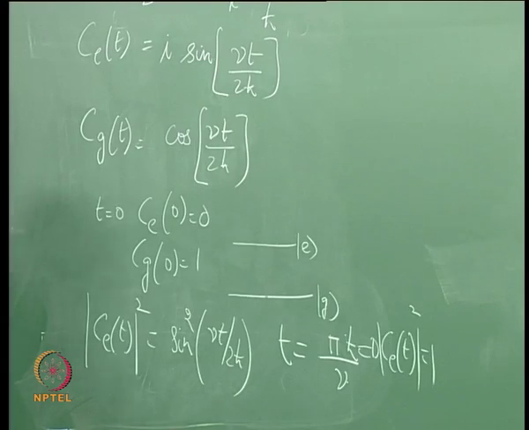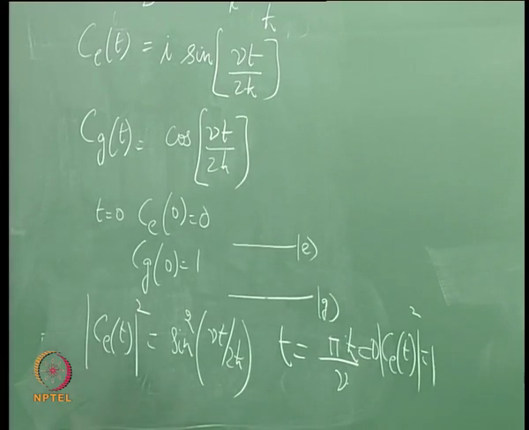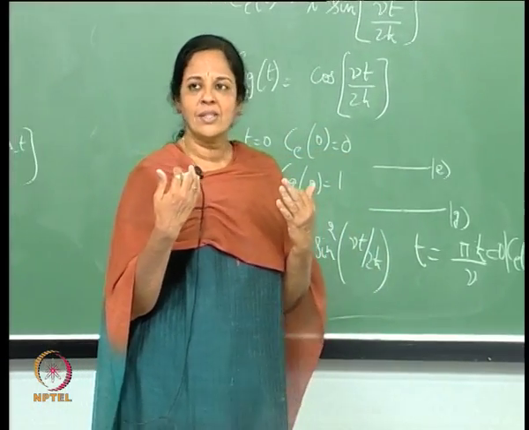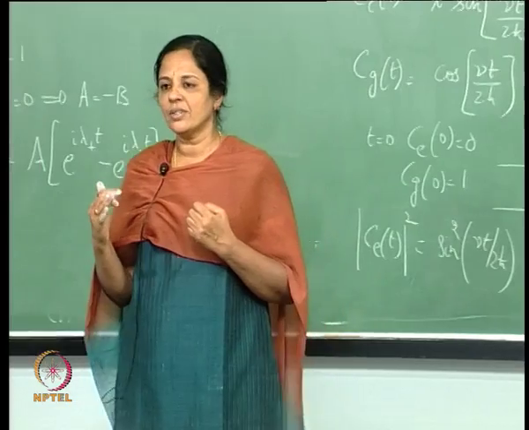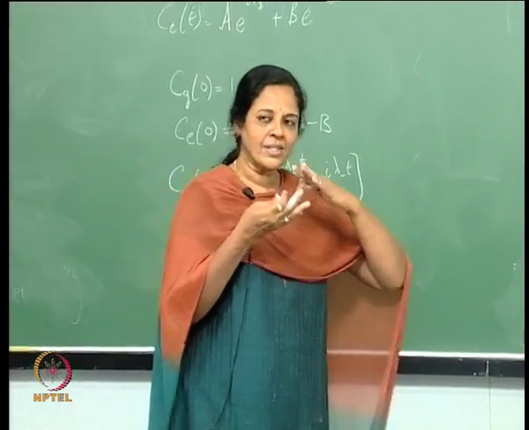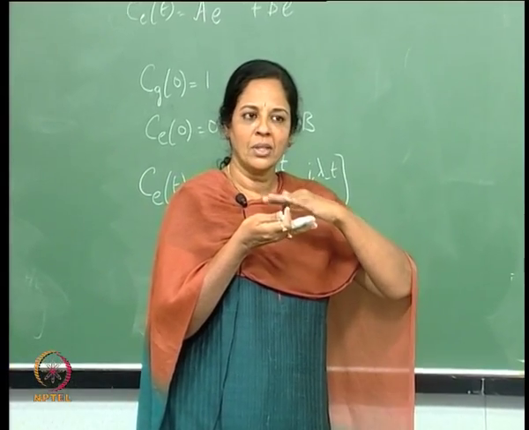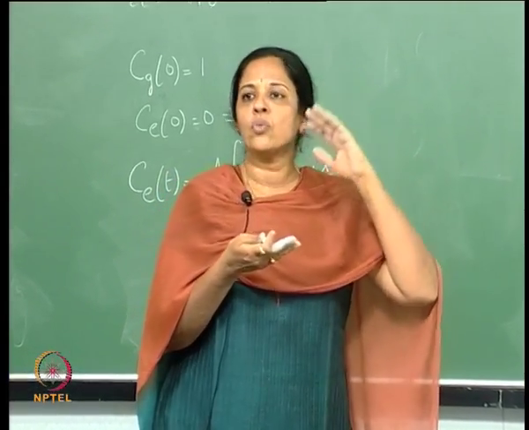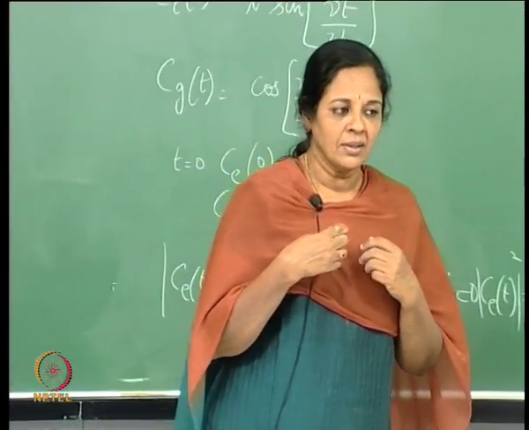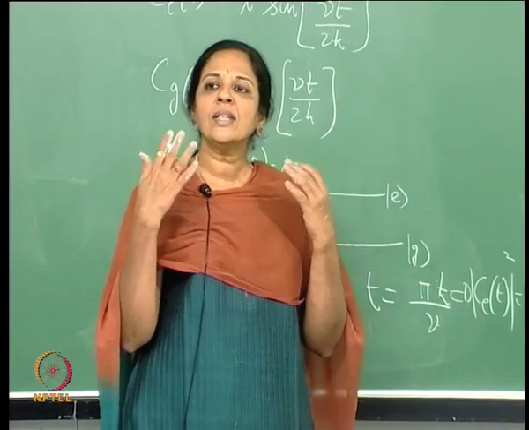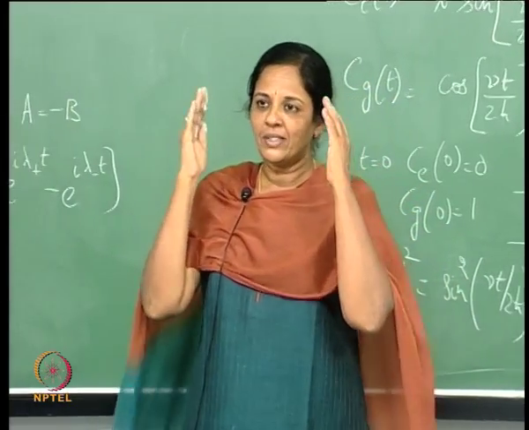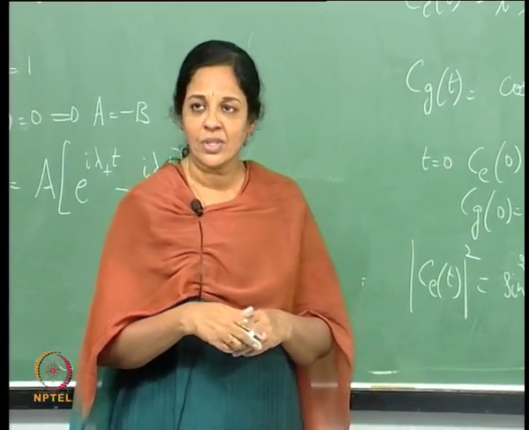So this is a simple model, if you wish, where the time dependence is studied not using perturbation theory, but saying that the system moves from the initial state to just one other state, and all the dynamics is between these two states in such a manner that at certain instants of time the system could have a probability 1 of being in the excited state and 0 in the ground state.